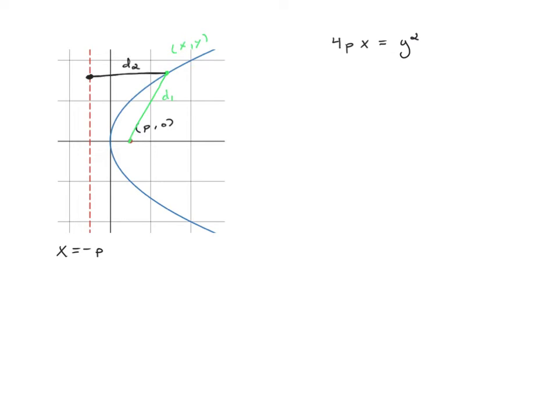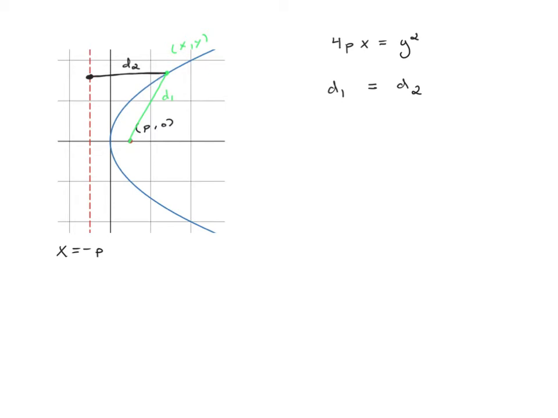The definition of the parabola said that the distance d1 must be equal to the distance d2. Well, what are these distances? We can use the distance formula to figure out the length of this line segment, and this one as well.